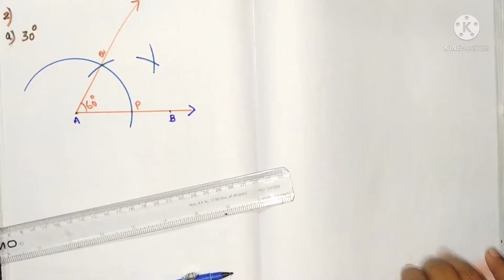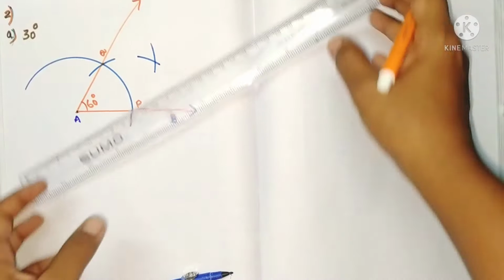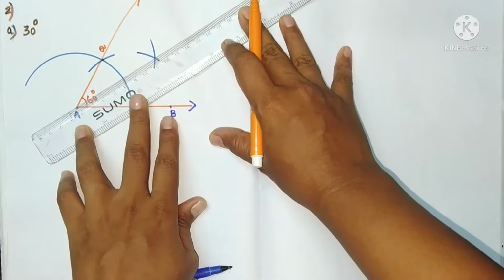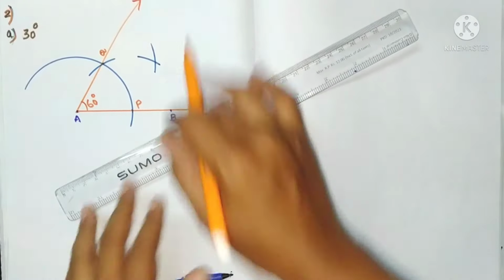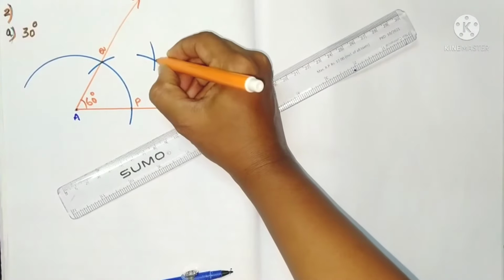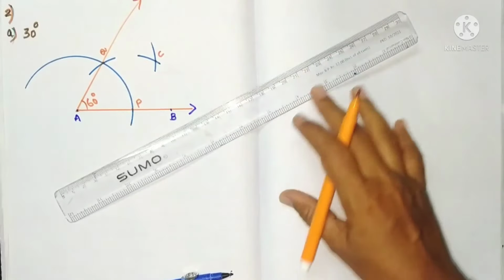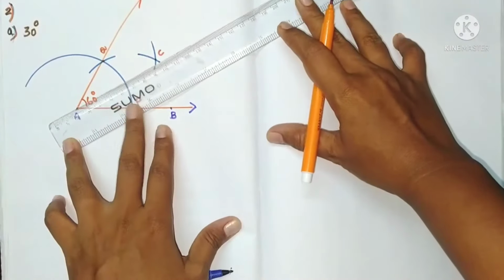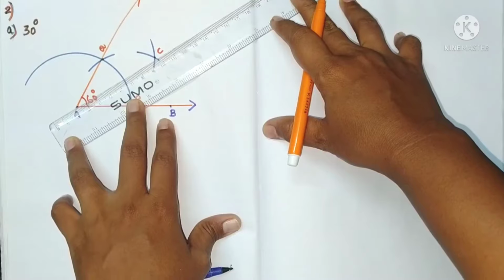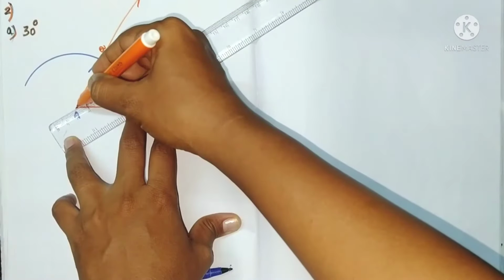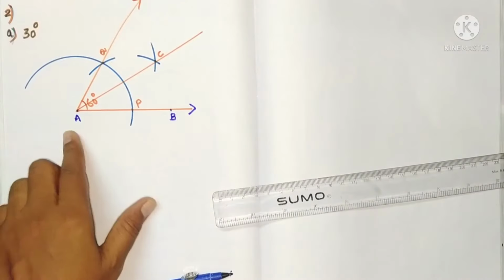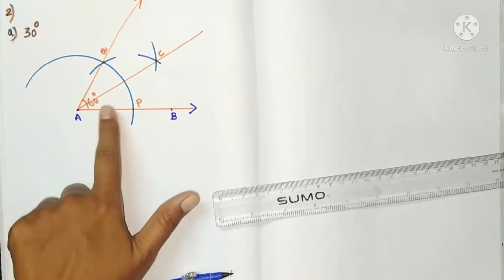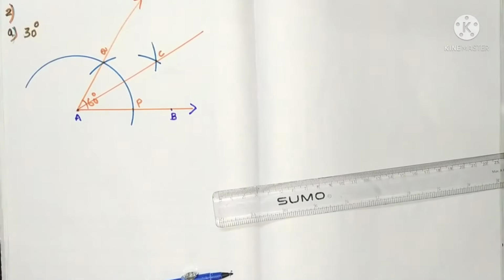So we are drawing the angular bisector, students. These two arcs intersect at one point. Let it be C. Draw a ray through A and C. Now this CAB is 30 degrees.